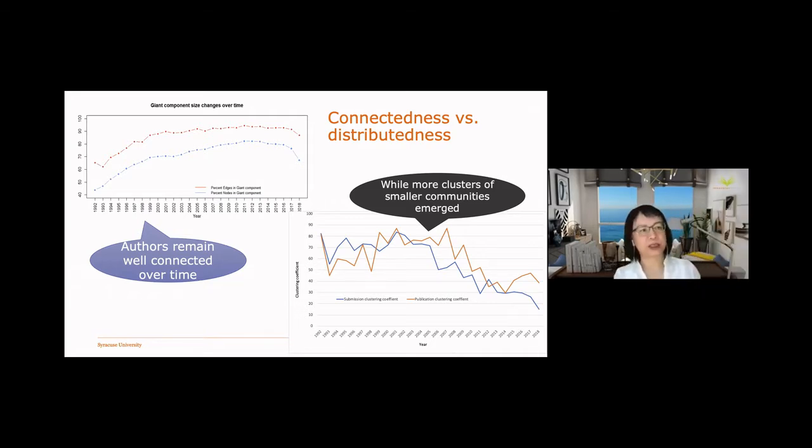This is the clustering coefficient for data submission as well as the publication. While more clusters of smaller communities emerged, the clustering coefficient has been going down, which means the network overall is becoming flatter.